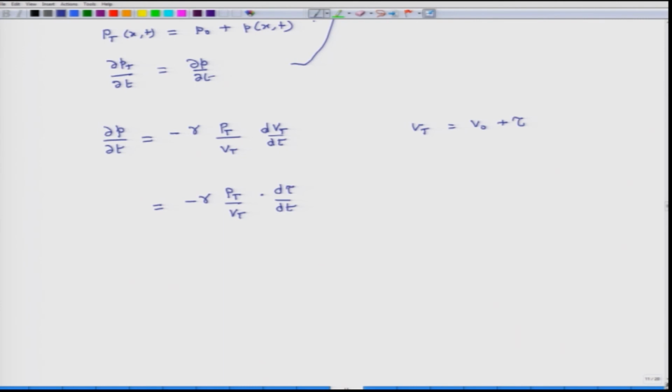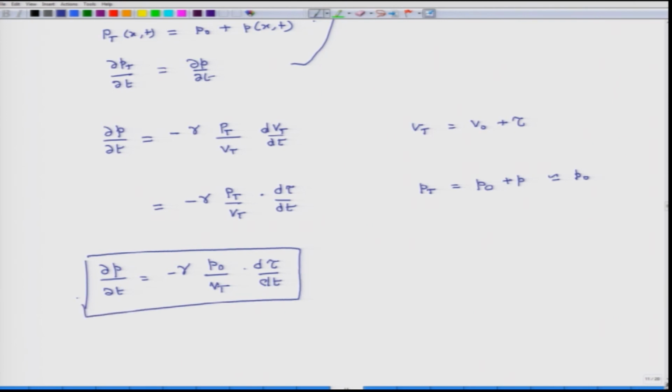Okay. And I make the third assumption that P(t) is equal to P naught plus P, and this is approximately equal to P naught. So, finally, I am left with del P/del t is equal to minus gamma P naught over V(t) times d tau/dt.